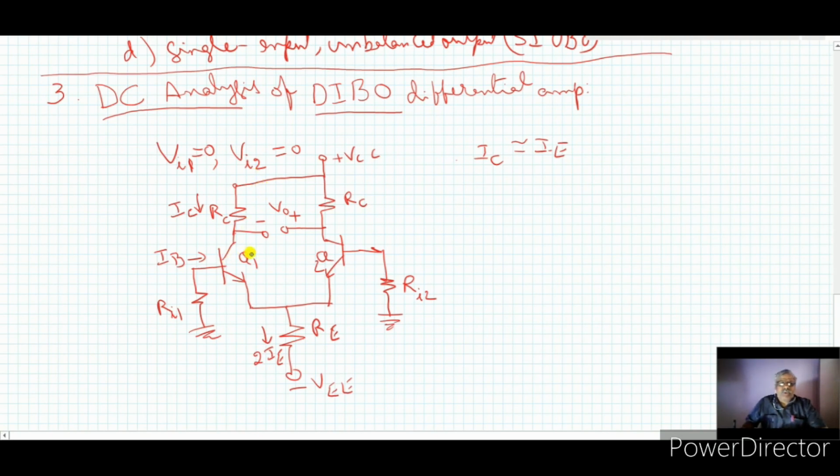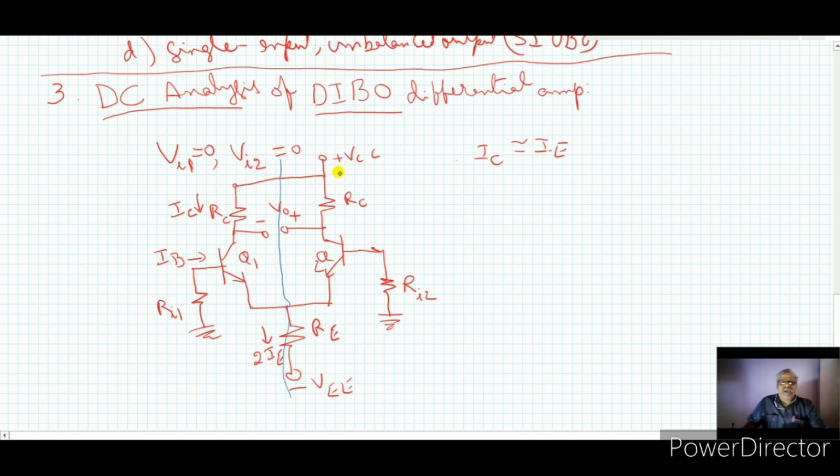As we know, both transistors are identical, both collector resistances are equal, and the emitter resistance is common to both. So the circuit is a symmetrical circuit. If you split the circuit like this, the left side circuit and right side circuit are almost identical.